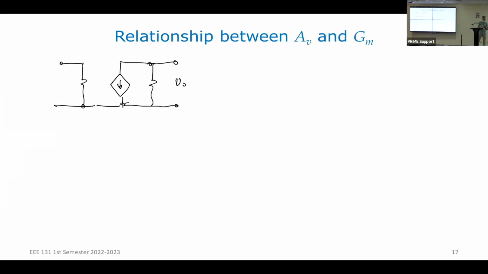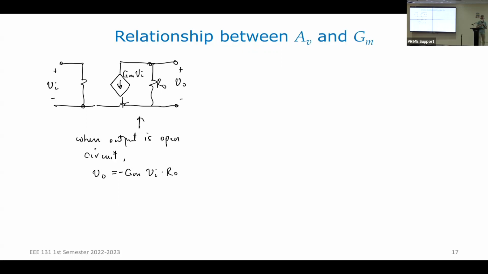So this is VO, this is RO, this is GM, V sub I. This is V sub I. In this particular case, this is when output is open circuit, V sub O is equal to GM V sub I times R sub O. Negative.